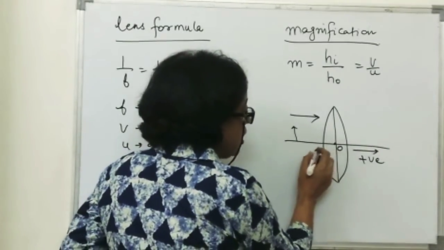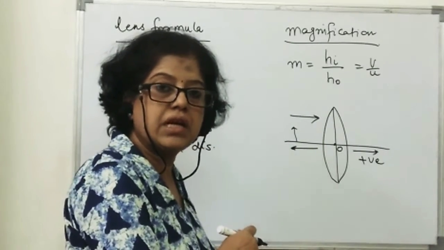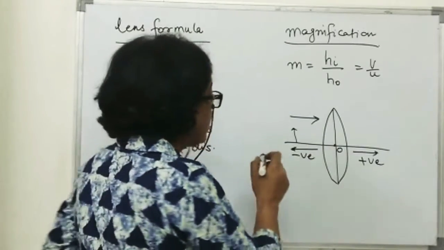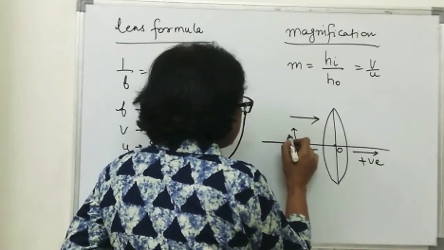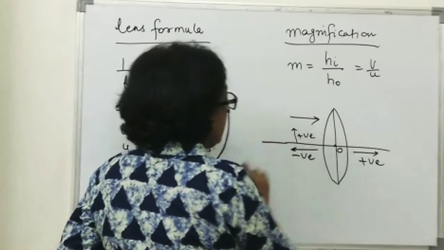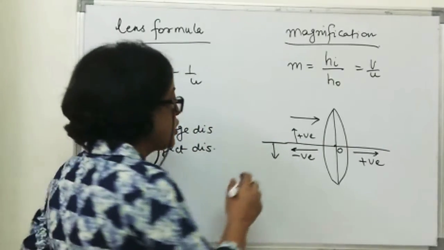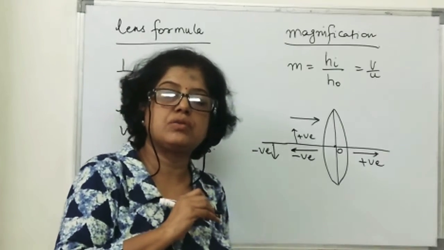Distances measured from right to left, that is against the direction of incident light, are taken as negative. All the distances measured perpendicularly above the principal axis are taken as positive, and all the distances measured perpendicularly below the principal axis are taken as negative. These are the sign conventions, which are similar to those of the mirrors.